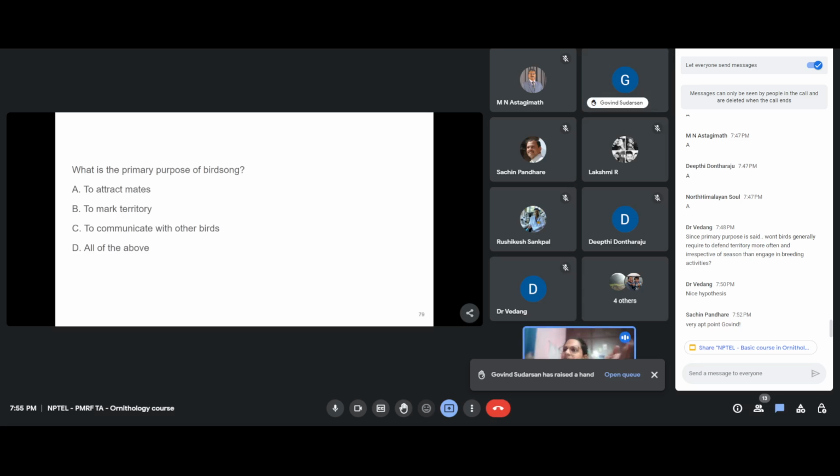Yes, a territory is defended for breeding and it has to be defended throughout the year. A female is not going to be there throughout the year. A female might be passing by during the breeding season or not. Yes, certain components of song can be different for attracting a mate or not, but there are a lot of complex vocalizations that are used in territorial defense as well.